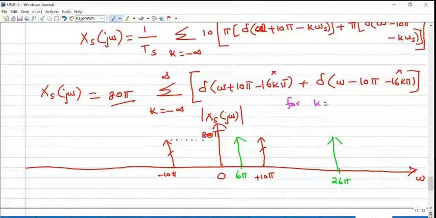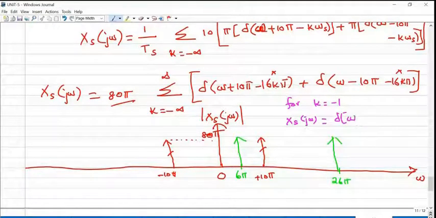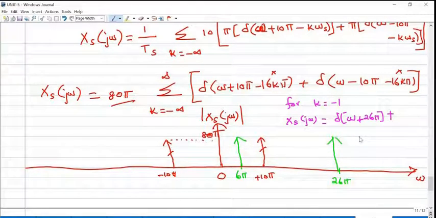For k equal to minus 1, Xs(jω) equals δ(ω, minus into minus plus) 26π, plus δ(ω, minus into minus plus). 16 plus 10, 26. Then 16 minus 10, so you will get plus 6π.